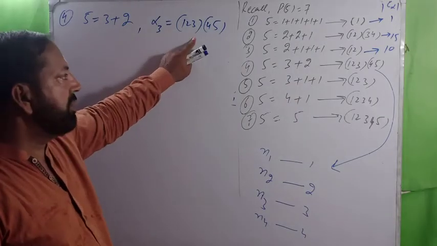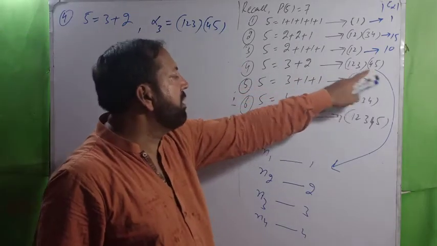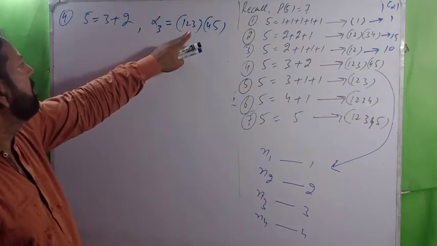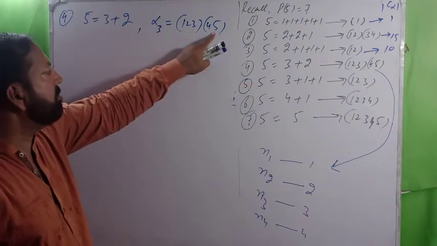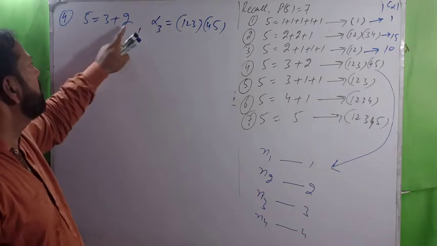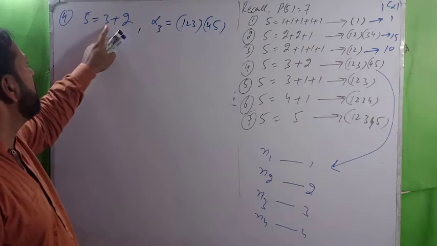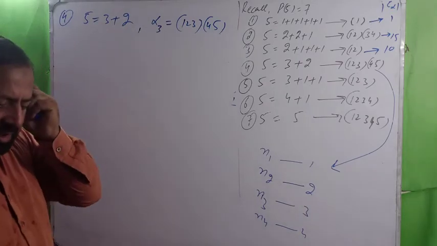Alpha 3 must be of the type (1,2,3)(4,5), because one part is of size 3 and one is of size 2.